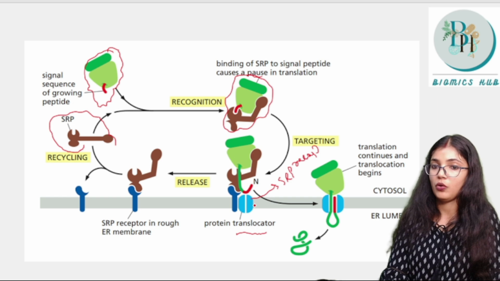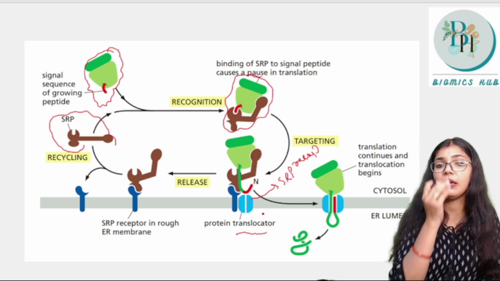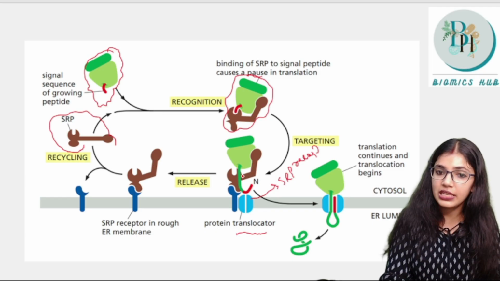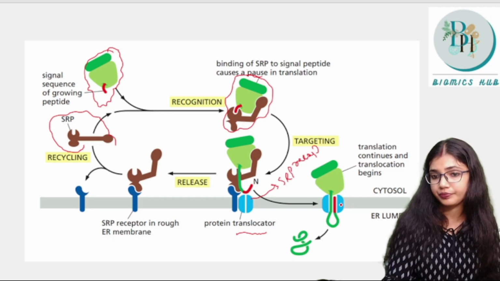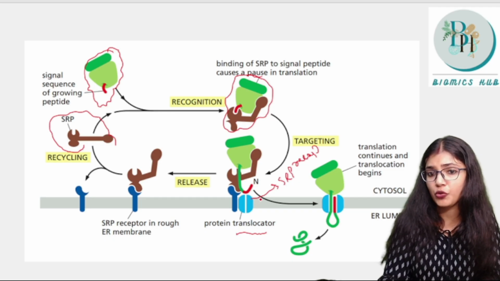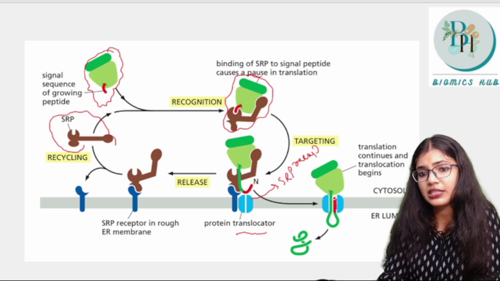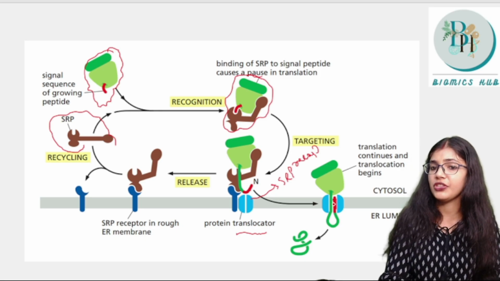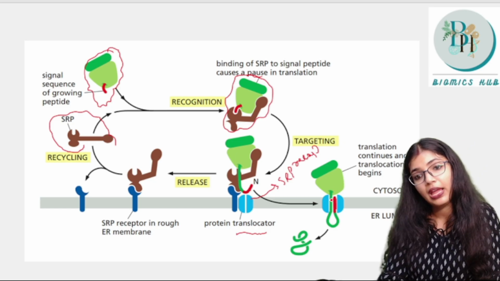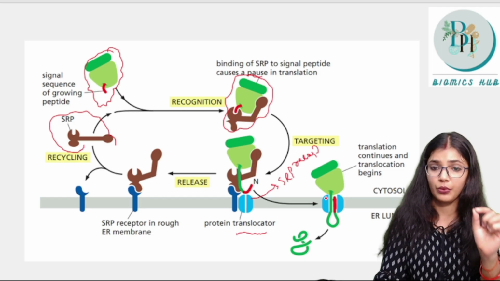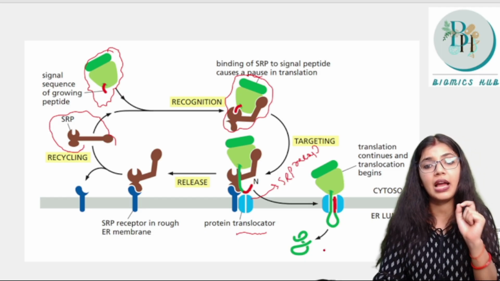Until then, the protein translocator is closed. When it is attached to this receptor, the channel is opened. So this red portion has entered this transmembrane region. After that, the protein synthesis takes place, and whenever it gets a stop-transfer hydrophobic sequence, it is released inside the ER lumen.